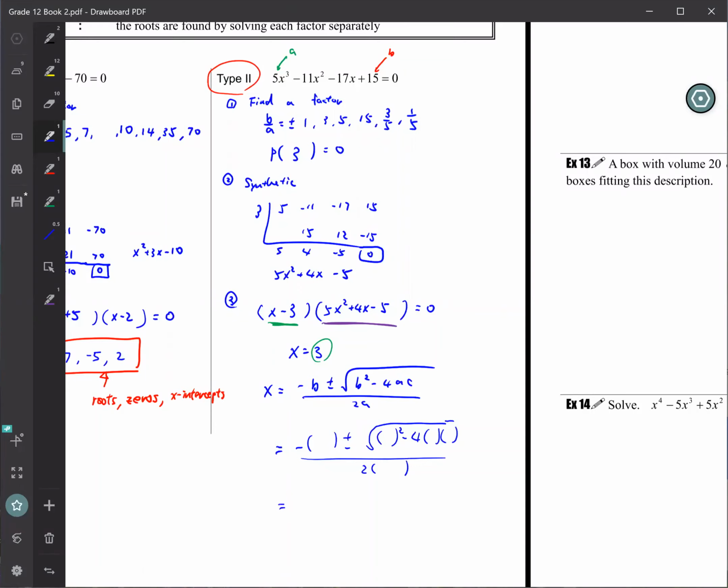Okay, so let's fill in the numbers now. Okay, so B is 4, right? B squared minus 4AC over 2A. Please raise your hand if you have simplified.